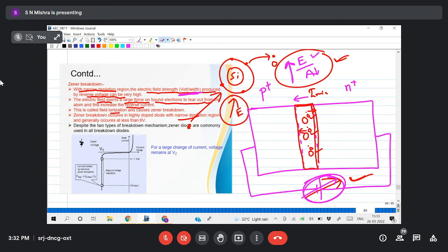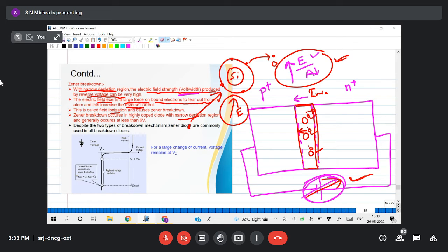In reverse condition the characteristic, here it is increasing with voltage, here voltage is constant, current increases. So how many points have I told you? So 5 points. You can give these 5 points as the difference between avalanche and Zener breakdown, or normal PN junction diode and Zener diode. Okay.